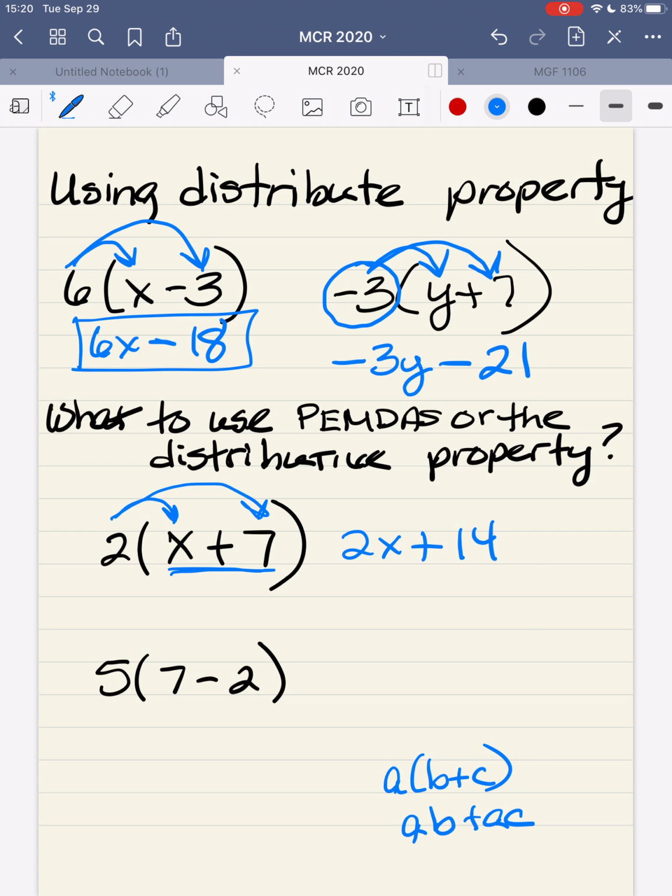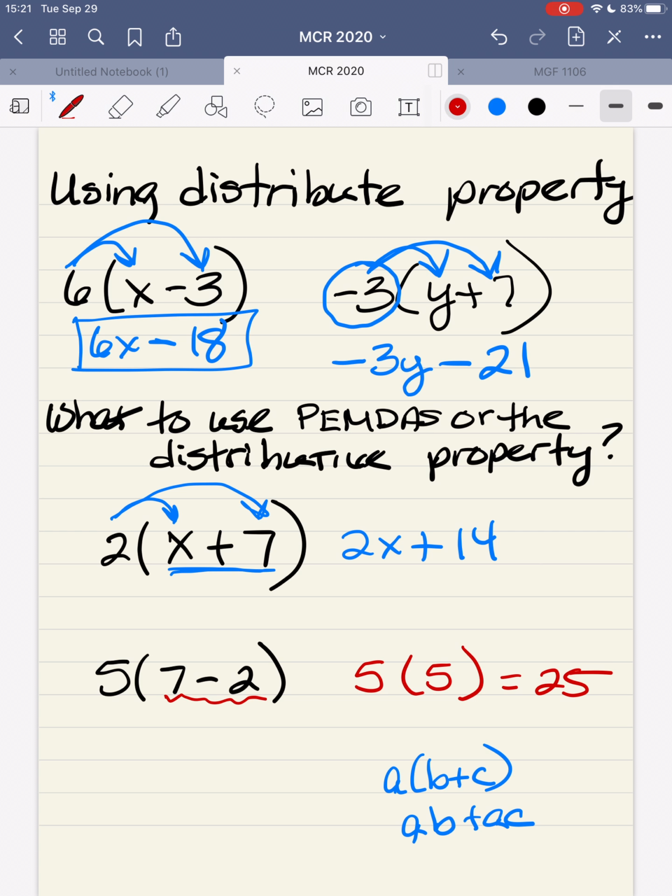Now the second one here, notice I have 7 minus 2. I can actually do that operation. I would rather go ahead and do that than use the distributive property. However, if you do use the distributive property properly, it will still work out, and I'll show you both ways. So 7 minus 2 is 5. And there's a 5 on the outside. 5 times 5 is 25.